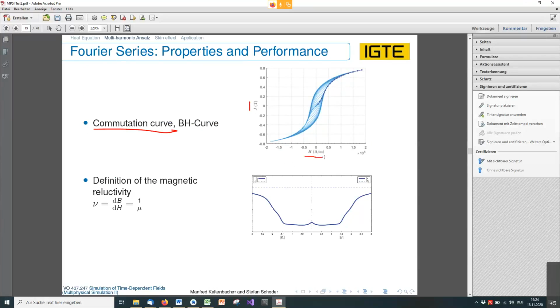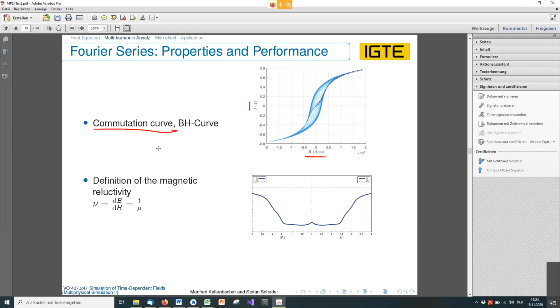And it's a hysteresis. That means if we walk through it, there will be energy lost in the material, and this lost energy is then transformed into heat. Into heat, yes. These are the commutation losses. Commutation losses, yes.